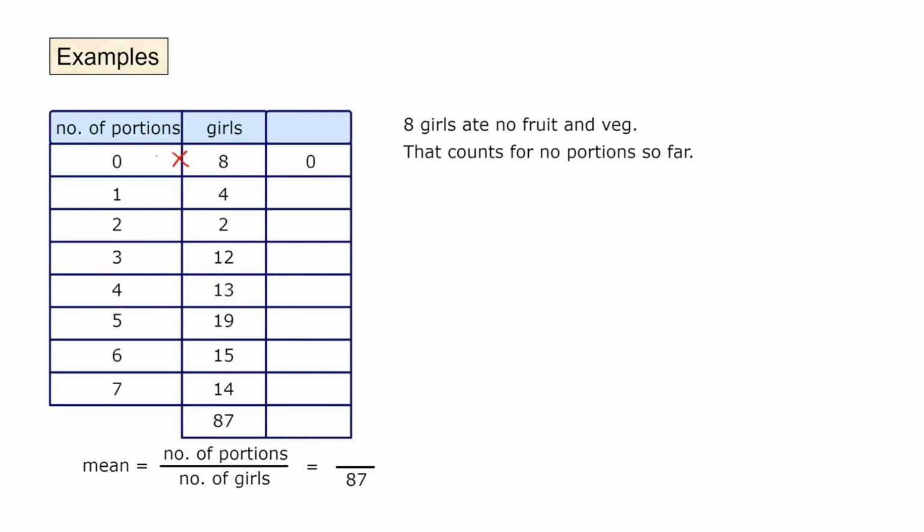We had 4 girls that had 1 portion, and that would be 4 as the total number of portions for those 4 girls. 2 girls had 2 portions, so 2 lots of 2, which is 4. We continue to work down like this to find the total number of portions for us. Oh, that's a 95.